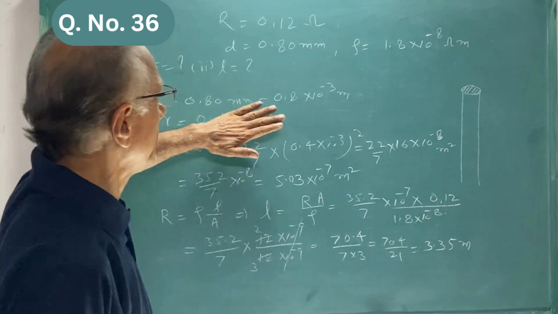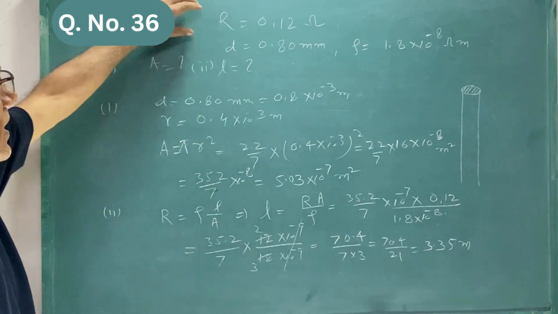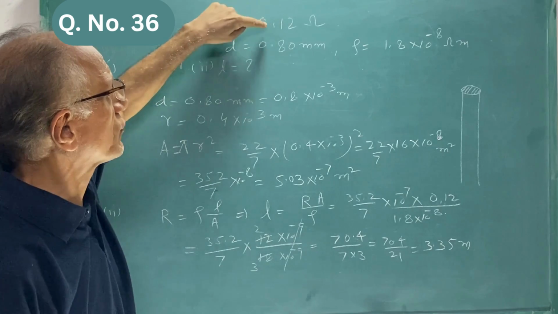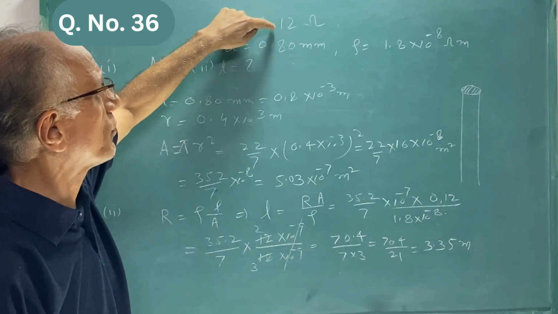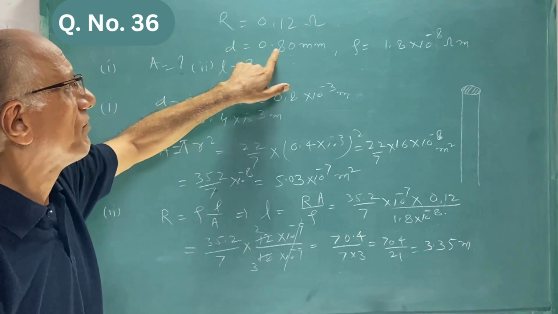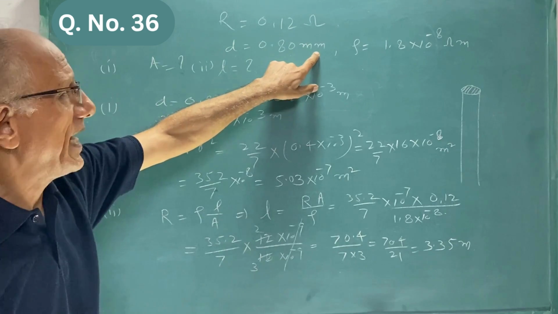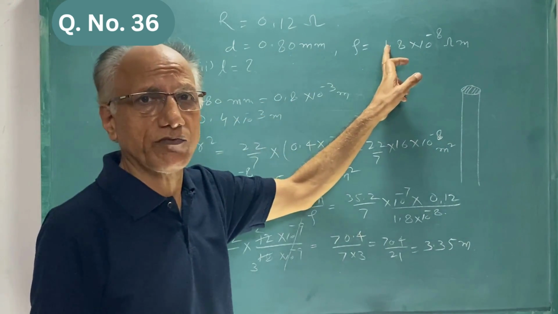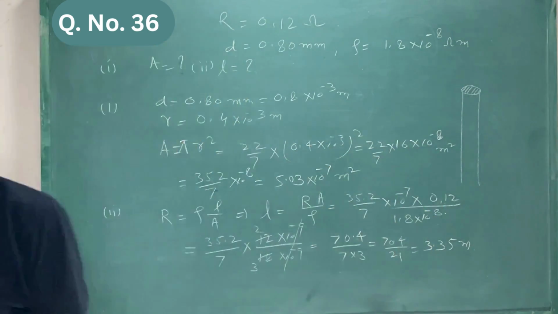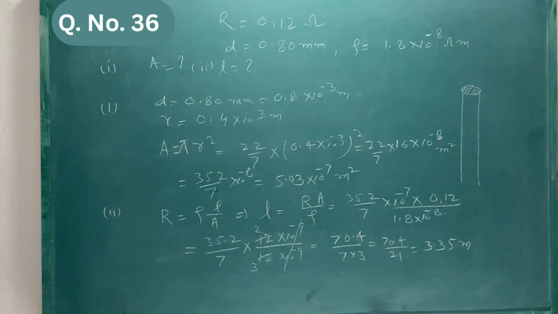Let us see once again. A student has to make a resistor of resistance 0.12 ohm from a copper wire of diameter 0.80 mm and resistivity of copper 1.8 into 10 to the minus 8 ohm meter. So the first part was to find the cross-sectional area of the wire.